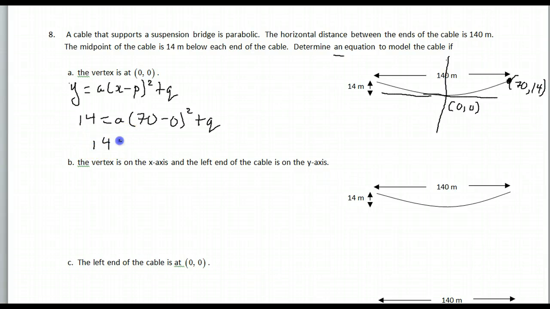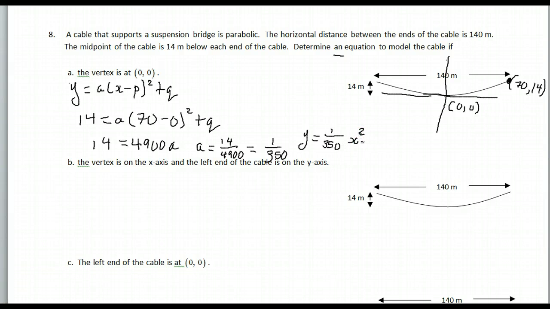So 14 is 4900a. a will equal 14 over 4900, which reduces to 1 over 350, giving us the equation y is equal to 1 over 350 x squared, since p and q are both 0.